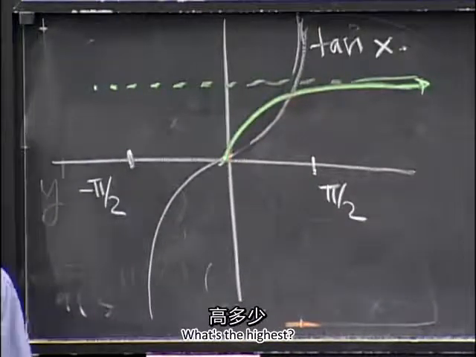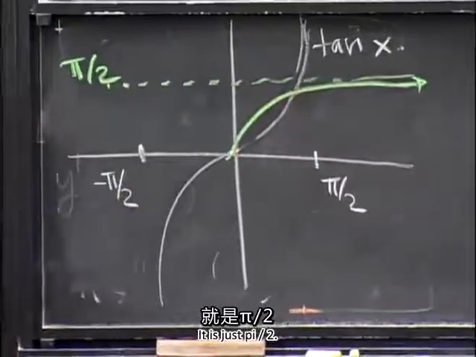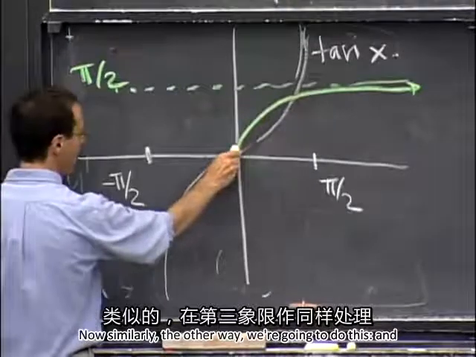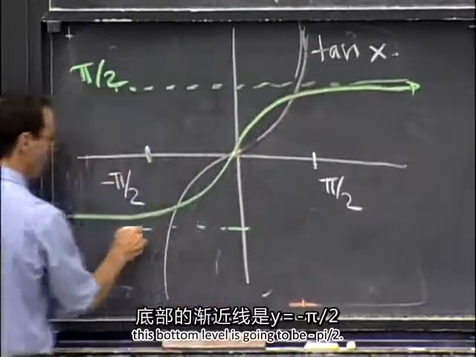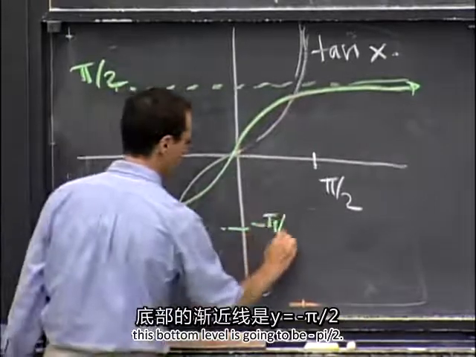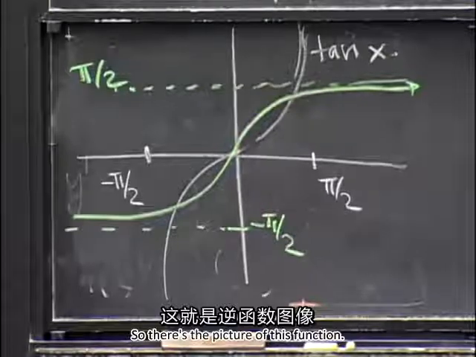What's the highest? Right there. It's this pi over 2 up here. Now similarly the other way, we're going to do this. And this bottom level is going to be minus pi over 2. So there's the picture of this function.